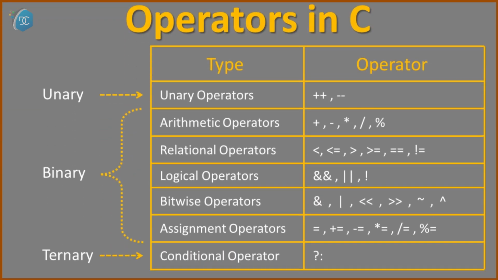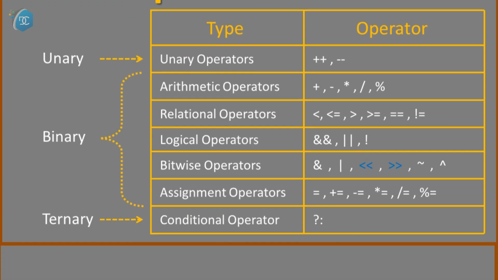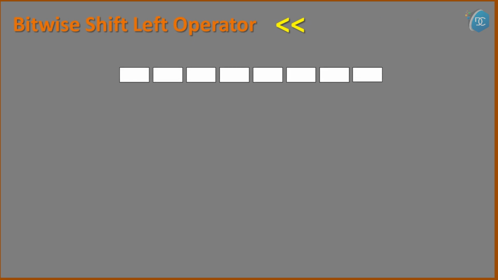Chalo, let's quickly understand the remaining 2 more bitwise operators, shift left operator and shift right operator. And they are represented by these symbols respectively. The shift left, as the name suggests, shifts the bits toward left, which means in this following example, the leftmost bit goes waste and all other bits are shifted left.